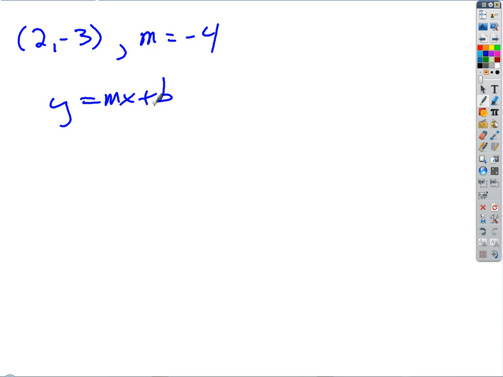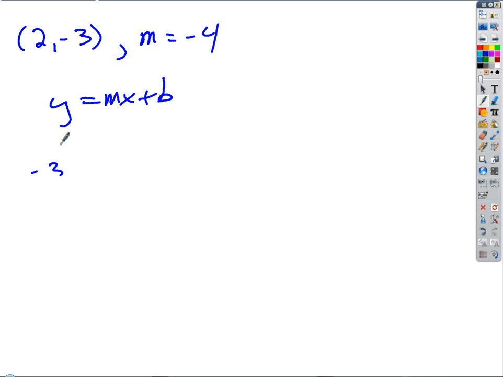Plugging a point in makes sense, because if a point is on a line, and this is a big deal, I want to make sure these connections are really solid, then the coordinates of that point are solutions of the equation. In other words, they satisfy the original equation. So I know if I plug these in, it's going to yield a true statement.